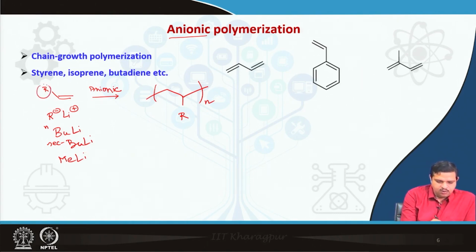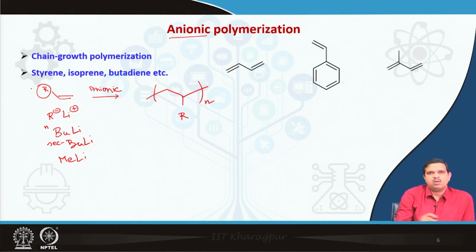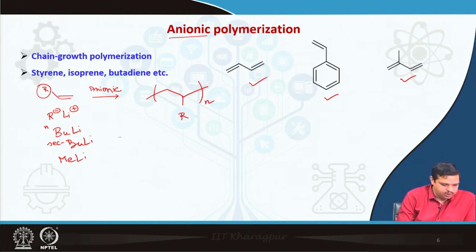Depending on the R, the reaction rate varies, and also the applicability of the anionic polymerization highly depends on the R. For example, this anionic polymerization is quite possible for the styrene monomer, for isoprene monomer, or for butadiene monomer. So, let us see how it proceeds.